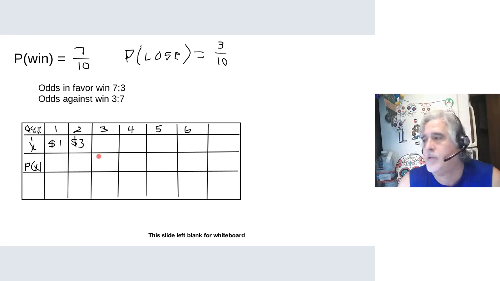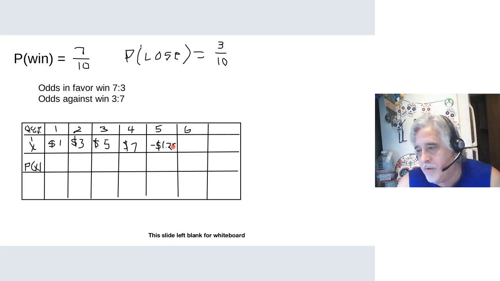This is $5. $7. And then for the last 2, I think those are both losers. These are both negative 1.25.